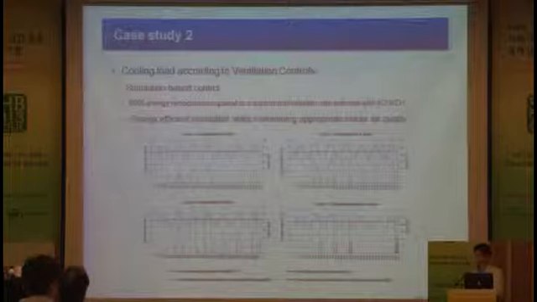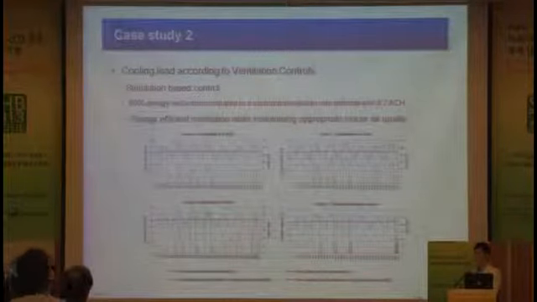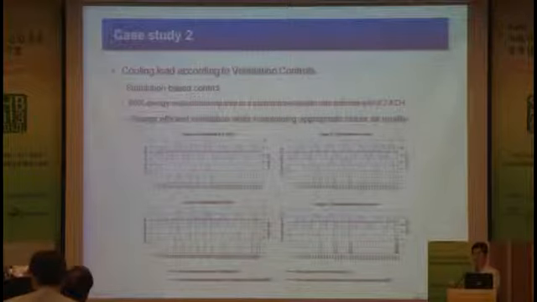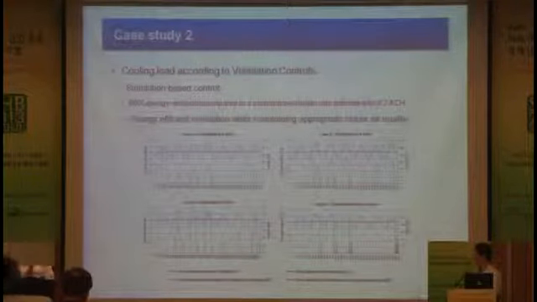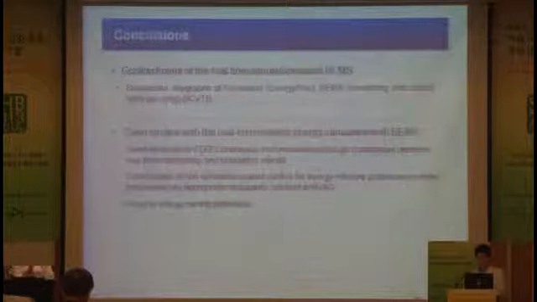And in the green lines you can see the difference, right? When we introduce ventilation, we experience increased cooling load, but when we run simulation-based control, we don't have much increase of cooling load. So this is good for our system.